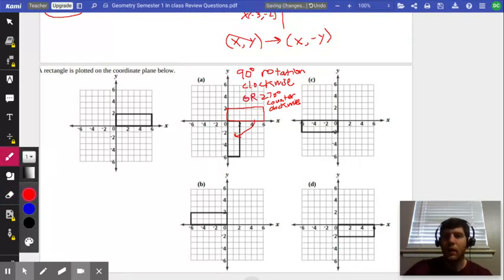So this is a 90-degree rotation clockwise, or you could say 270 degrees counterclockwise. Okay, this one here, again, here's the original. So this one is a 180-degree rotation either way, whichever way you do it. So it's going to be a 180-degree rotation.